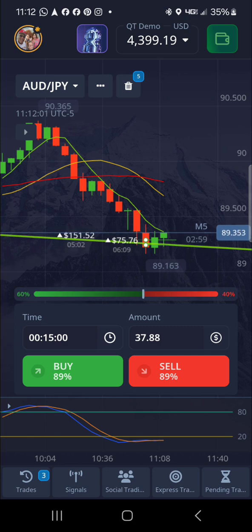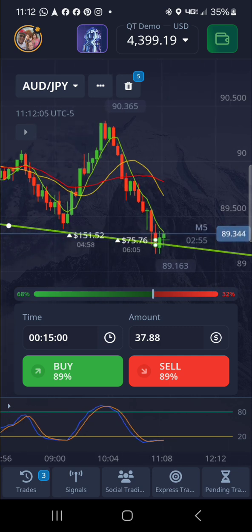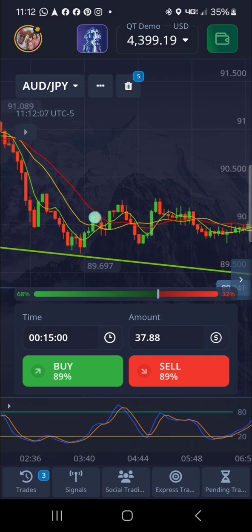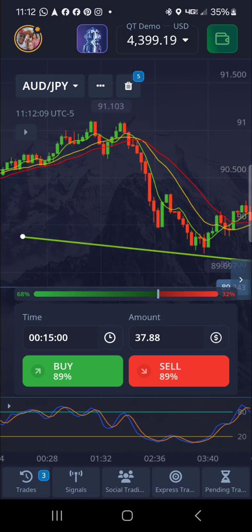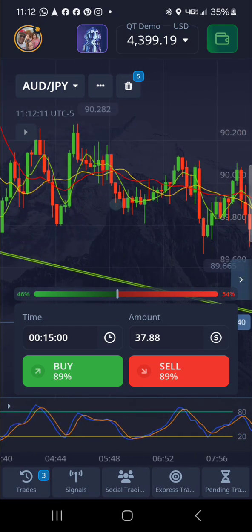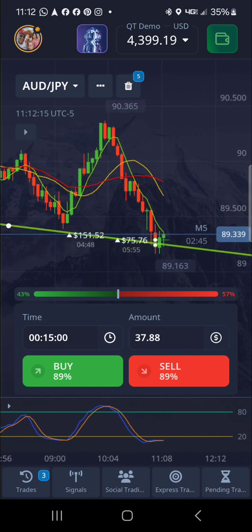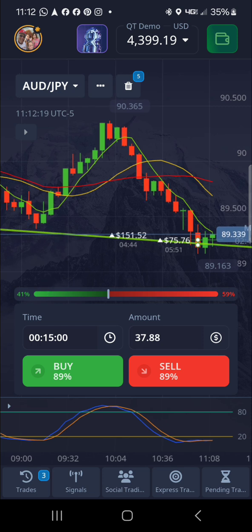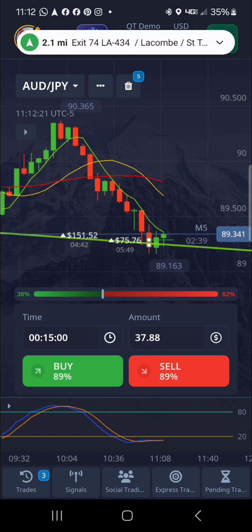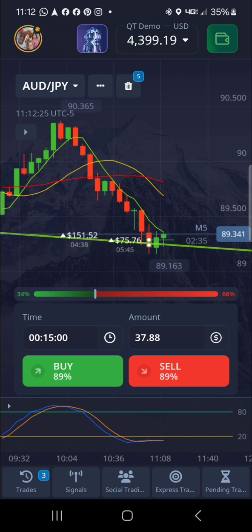It hit a support line, which has been the support line for a long time, off of the hour support line. And I went ahead and put that in. So hopefully that works out well for me.